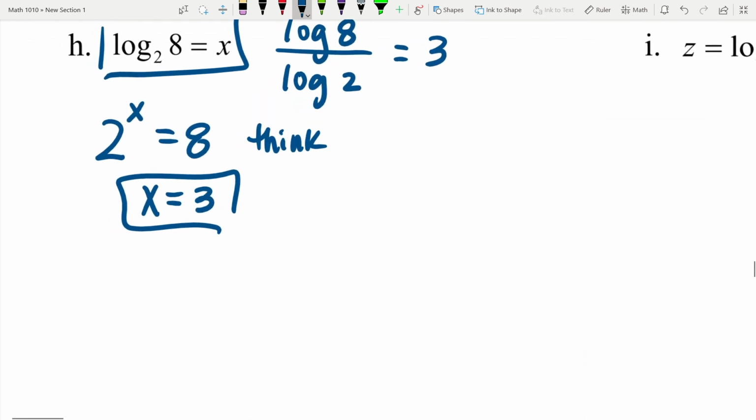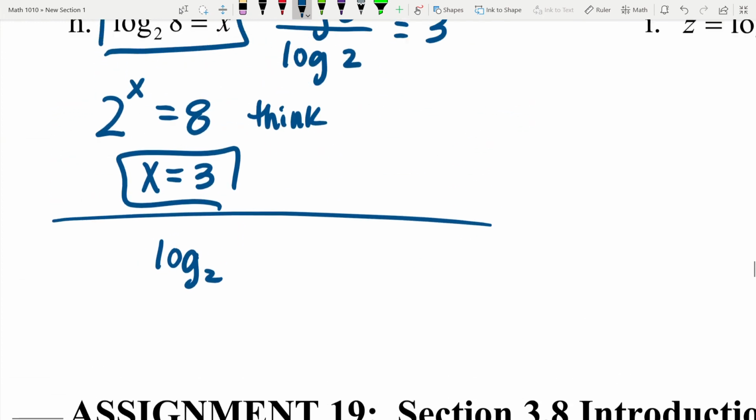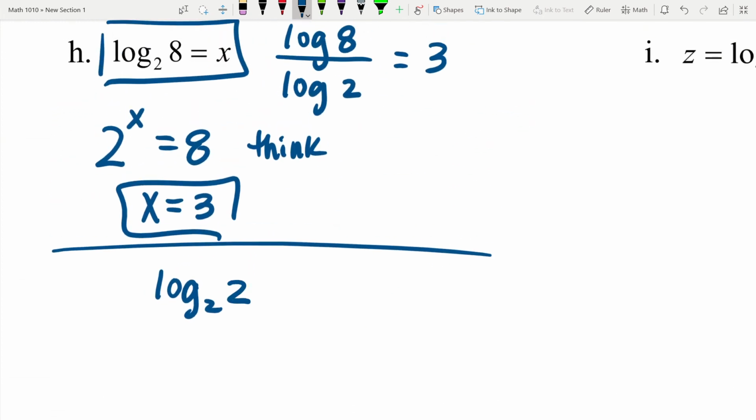I'm sorry, but I'm going to show you a third way. Can anybody see a different thing? Look at this. Do you see how this is log base 2? If I could write this as log base 2 of 2, I know log base 2 of 2 is a 1.